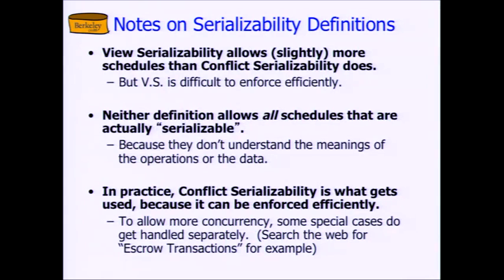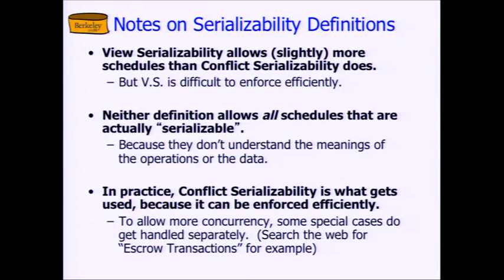So escrow transactions basically allow you to reorder increments and decrements or similar things within certain safety bounds. And that takes into account certain semantics, the semantics of integers and addition. Okay? So it's one example where some semantics have been pushed down into the concurrency control layer. All right. Just an aside.